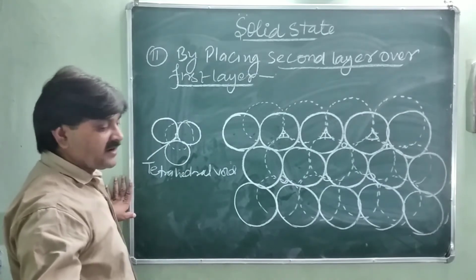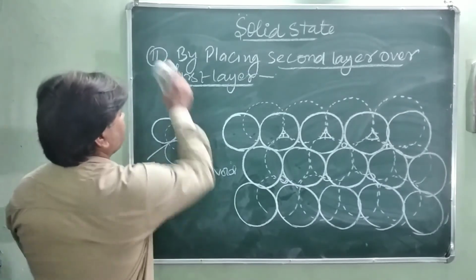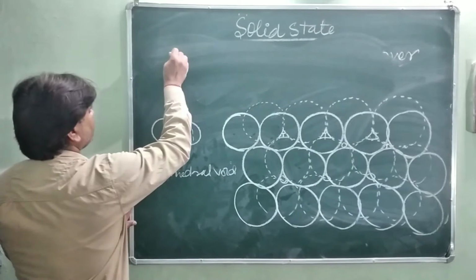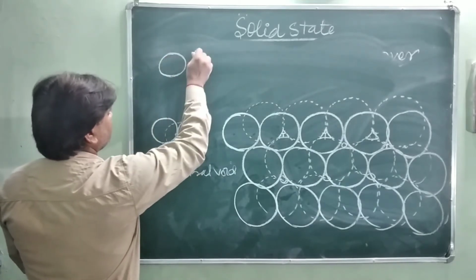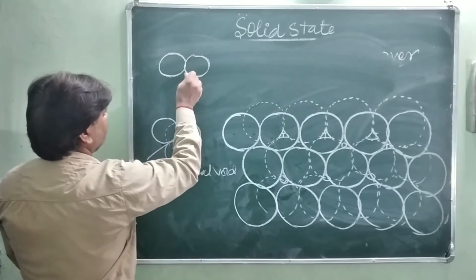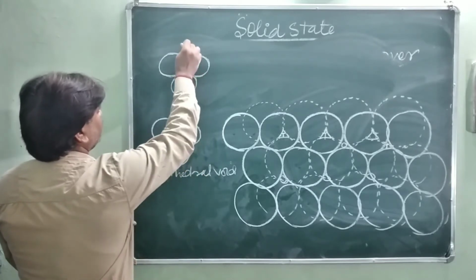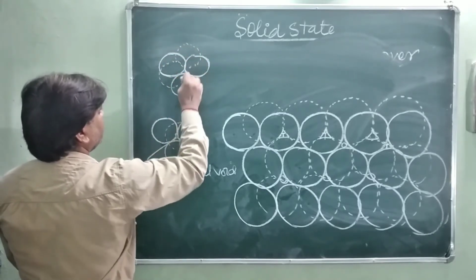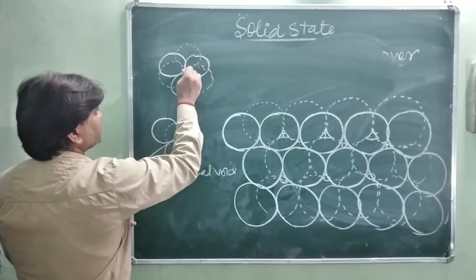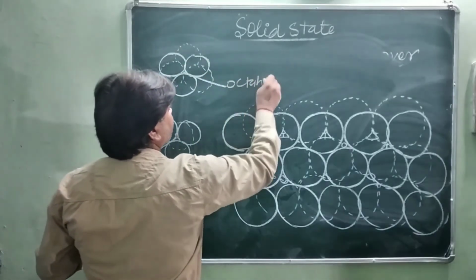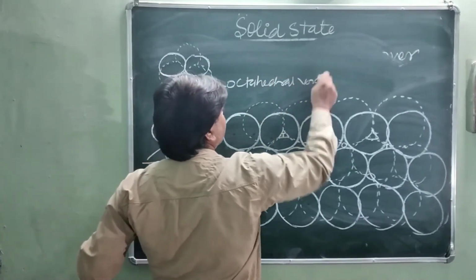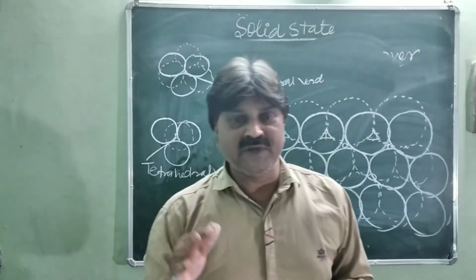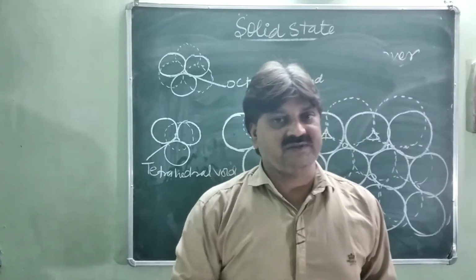And whenever the void is created among 6 spheres, in this way, 1, 2, second layer and the 3, this vacancy is called the octahedral void. So there are two types of void created when the second layer is placed over the first layer in 3 dimensions.